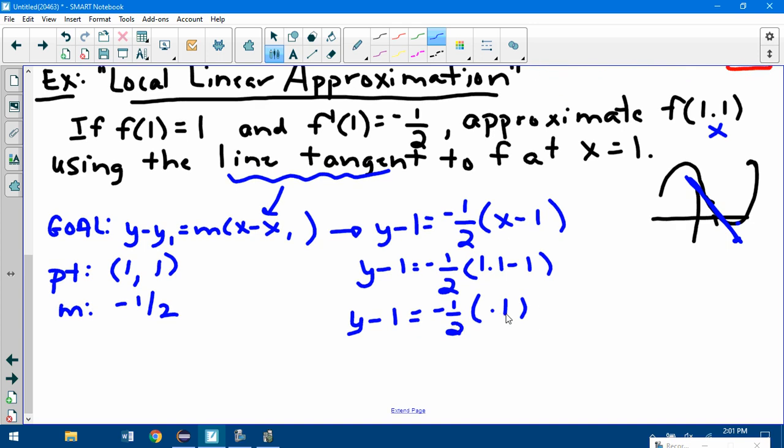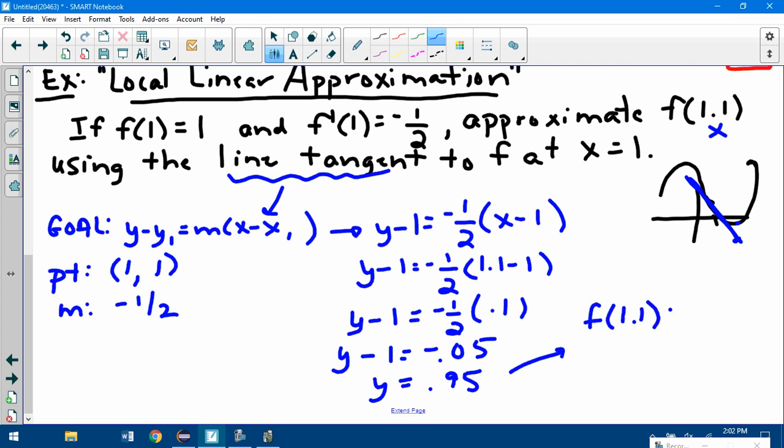Okay, well, what's negative 1/2 times 0.1? What's half of 0.1? 0.05. This would be negative 0.05. So when I add the 1 over, 1 minus 0.05, we get that y is equal to 0.95. So our approximation is that f of 1.1 is about equal to 0.95.